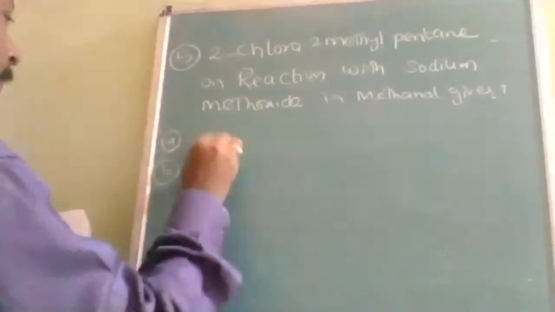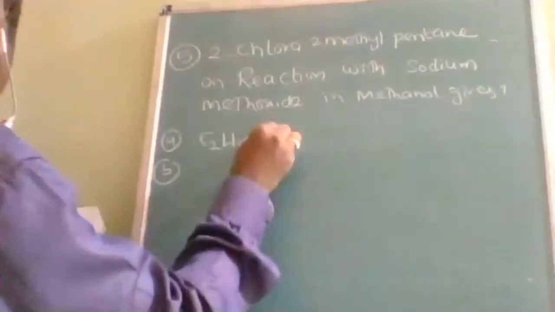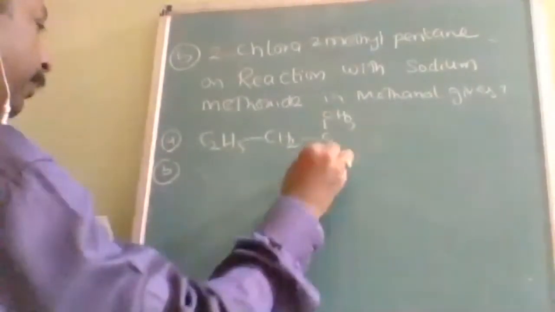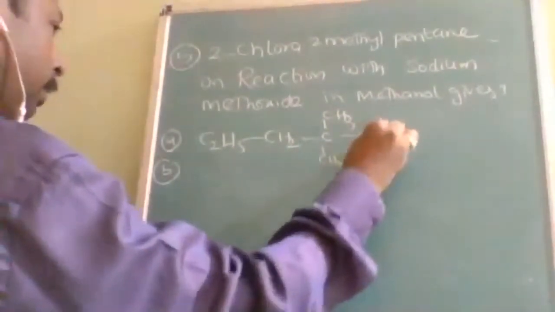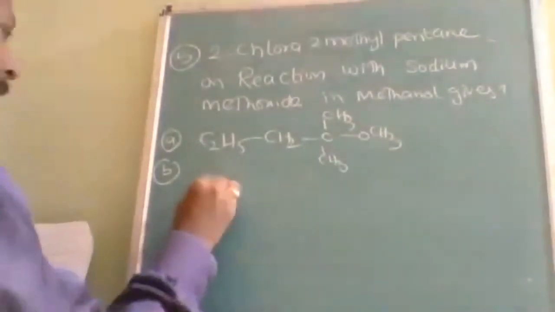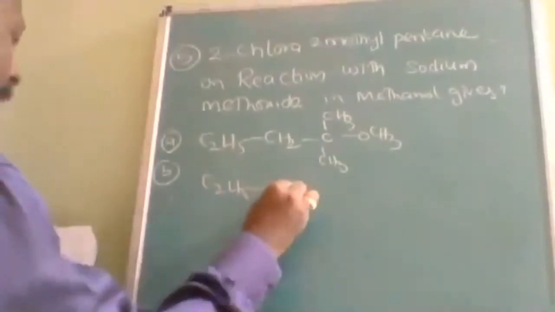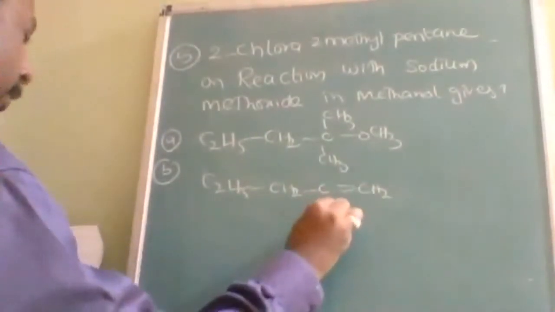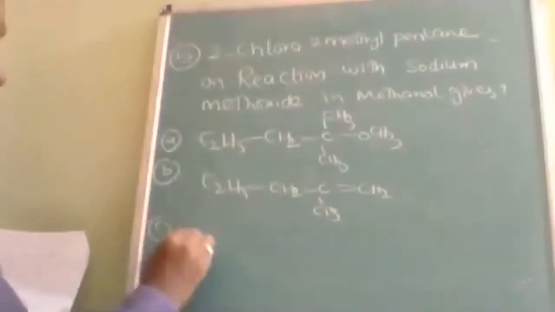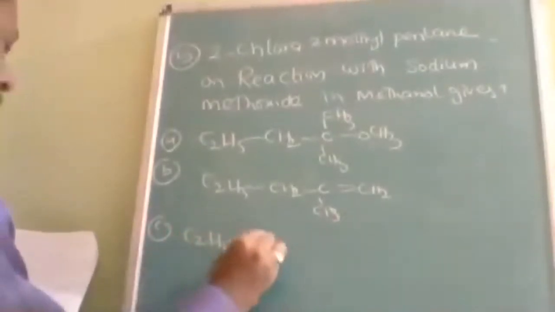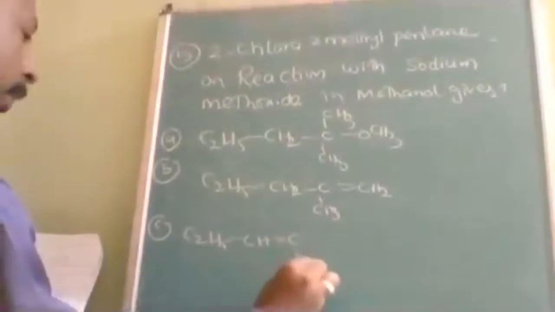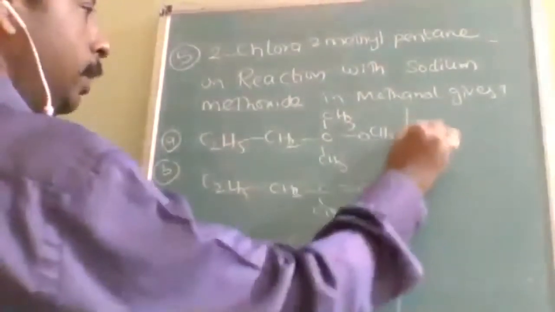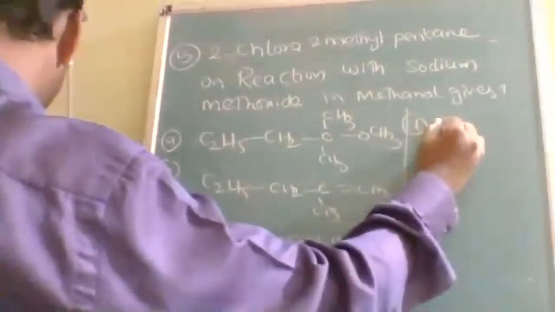Option A is C2H5 CH2 C(CH3) OCH3. This is the first option. Second option is C2H5 CH2 C double bond CH2 CH3. Okay. Third option is C2H5 CH double bond C(CH3) CH3.